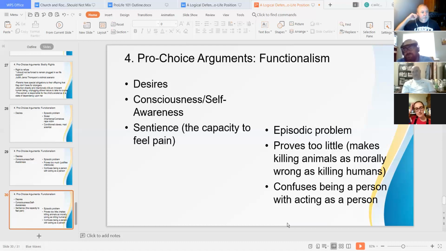And so a good number of the pro-choice arguments do not address these arguments. They commit some sort of fallacy, ad hominem, or begging the question. And then the ones that do actually get at the pro-life argument, such as the sovereign zone and right to refuse argument, have compelling responses to them because they're grounded in ideas that don't reflect reality, especially the functionalist arguments.